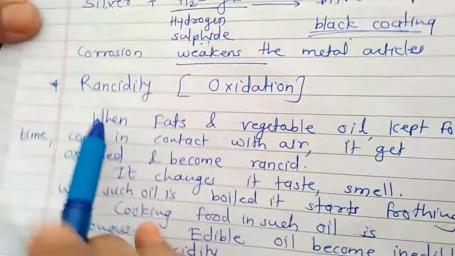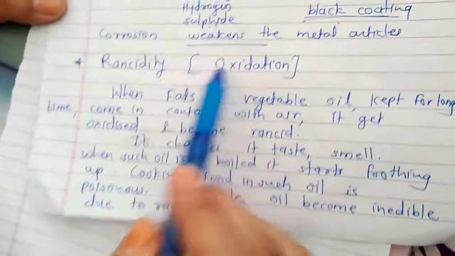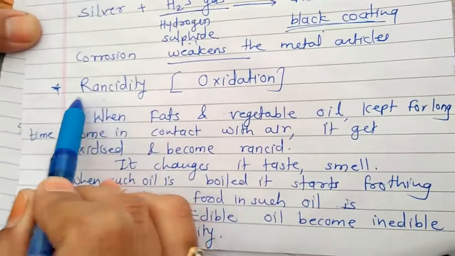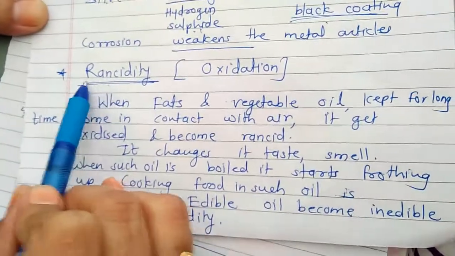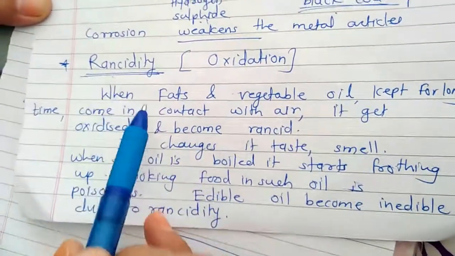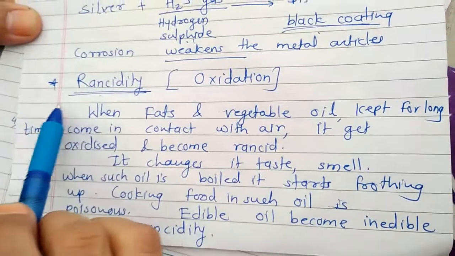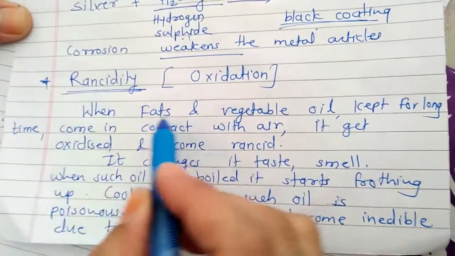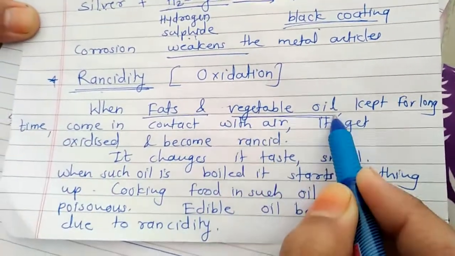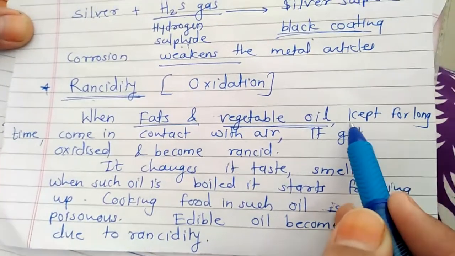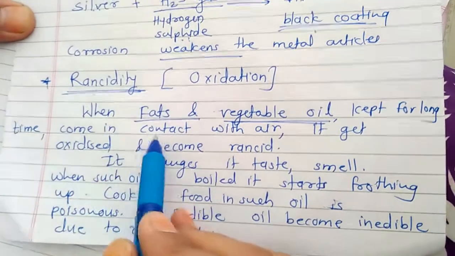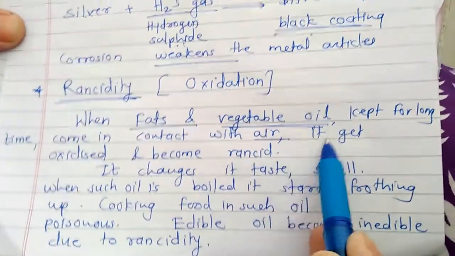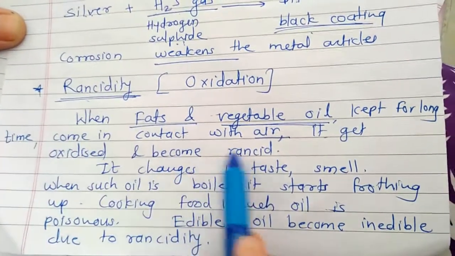Now we have to study the second example of day-to-day life oxidation, that is rancidity. The rancidity topic is always asked in the exam. Now what is rancidity? Rancidity takes place in fats and vegetable oil, the oil that we eat. If that oil is kept for a longer time and comes in contact with air, then we can say that the oil has become rancid.